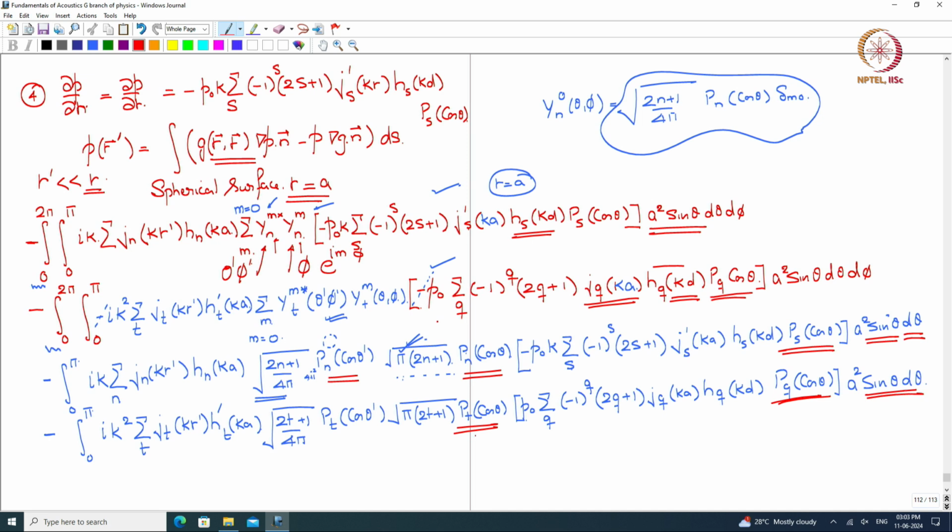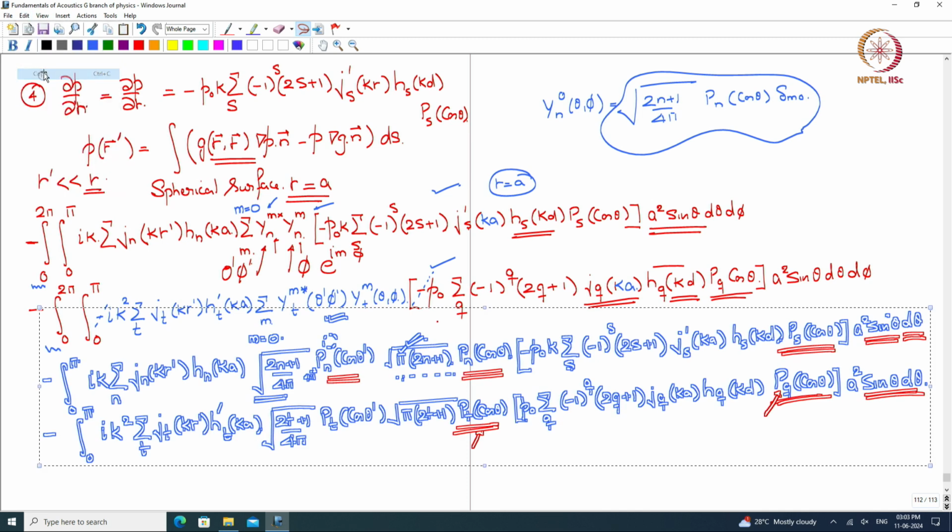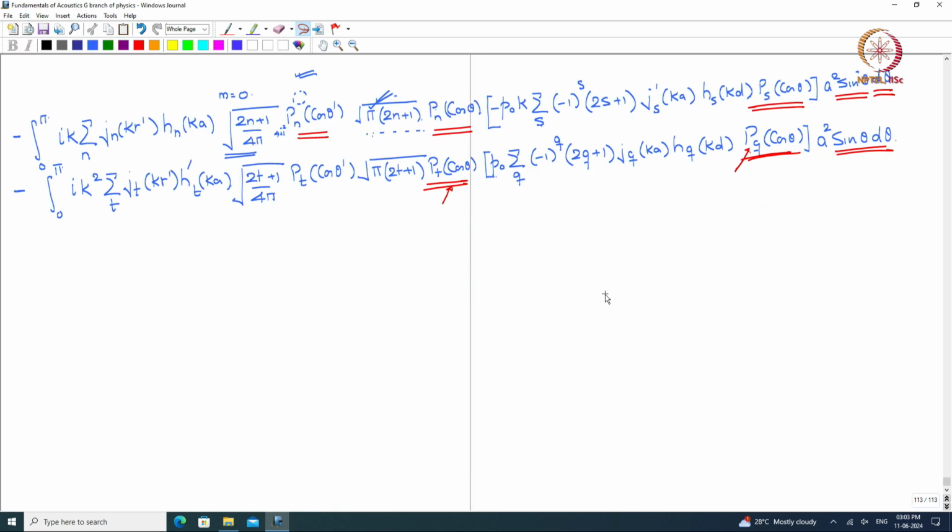So we will use the orthogonality of Pt and Pq of cos theta. What is that? I will need this whole thing, so let me copy and paste it, and the result I am going to use is this integral.